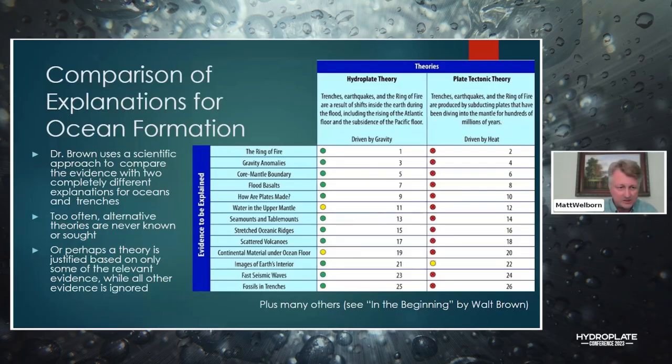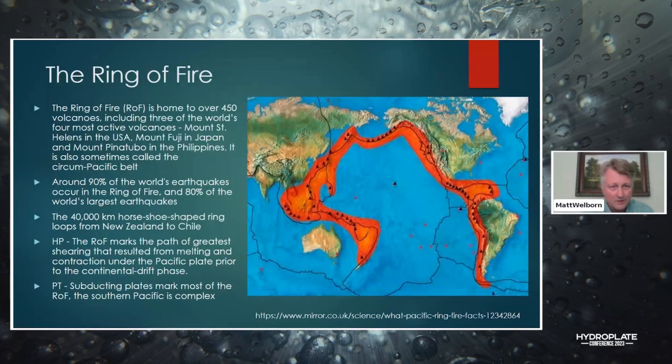So I'm going to take some time now to step through some of these, and we'll see what that looks like. The first one is this idea of a Ring of Fire. The Ring of Fire you're probably familiar with, but it includes not just the trenches; it's basically a ring of hundreds of volcanoes that spans this horseshoe shape all around the Pacific Ocean.